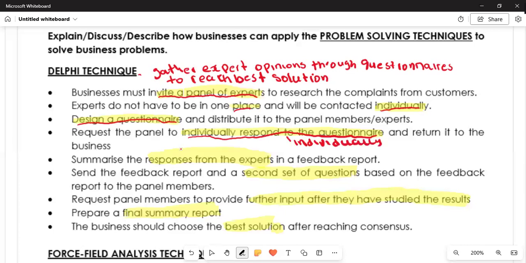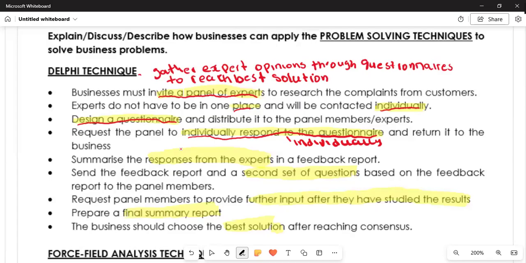Each expert fills in their answers and sends them back to the business. That is that.